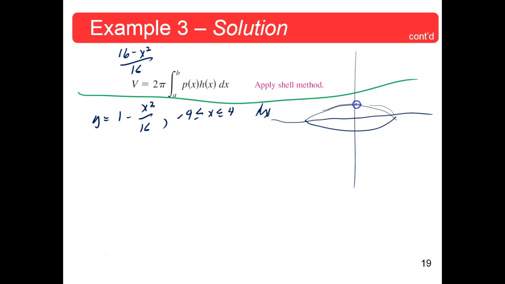If this is your 1 minus x squared over 16, or 16 minus whatever, if this is that curve from minus 4 to 4, and you're revolving around the x-axis, like I've shown here, and you do your dx here, actually you're only doing the top half of that dx, because you're revolving that. What do you notice about this? The volume of this thing. Now, if I had drawn it anywhere close to accurate, you see the volume on this side is the same as the volume on that side.